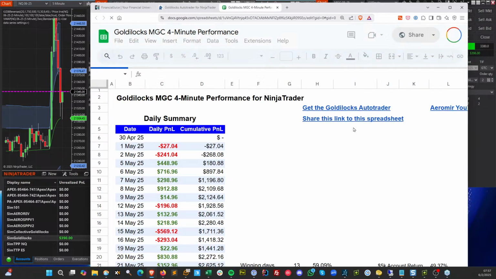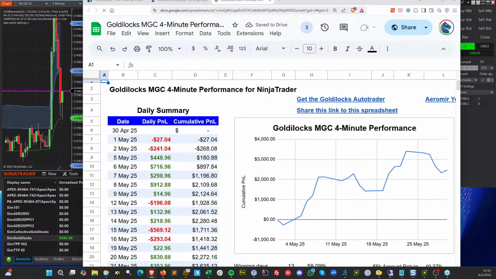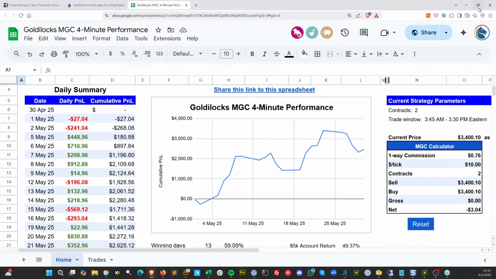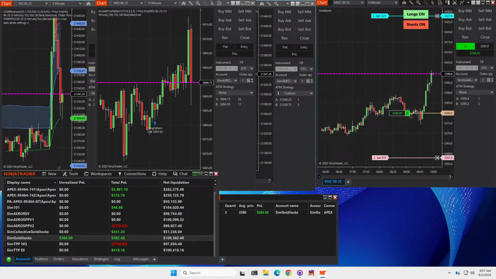And then they've been forward testing this since May 1st. Actually, let me update this with the open trade right now. Why is that so big? 10%. Okay. All right.